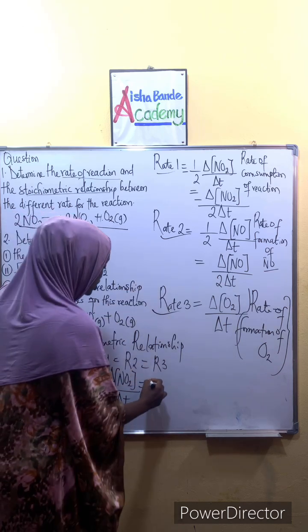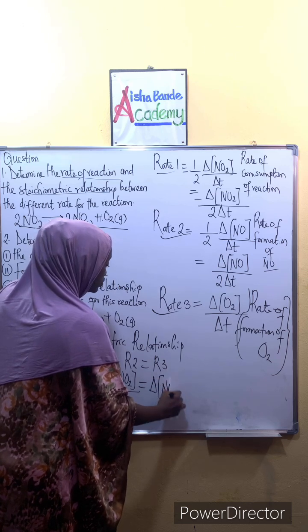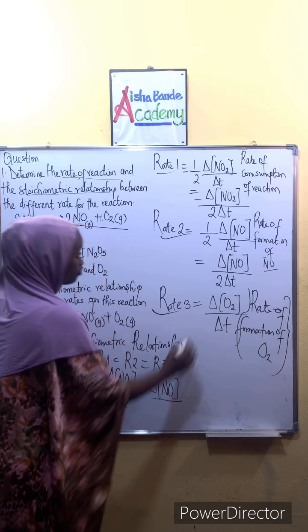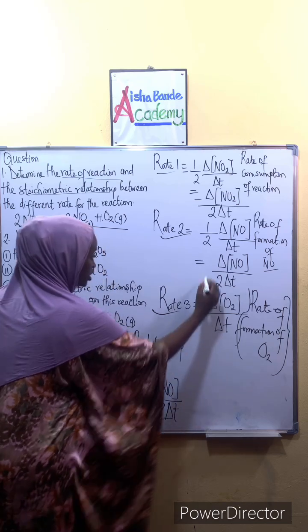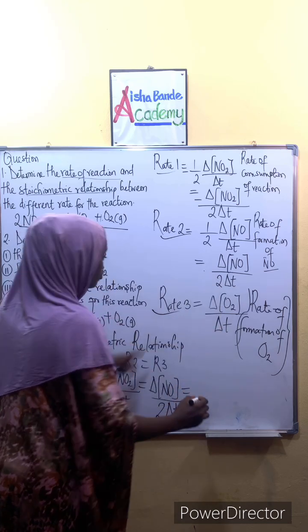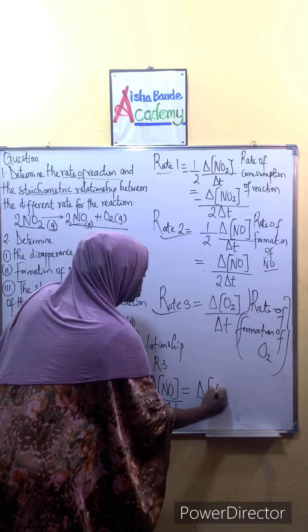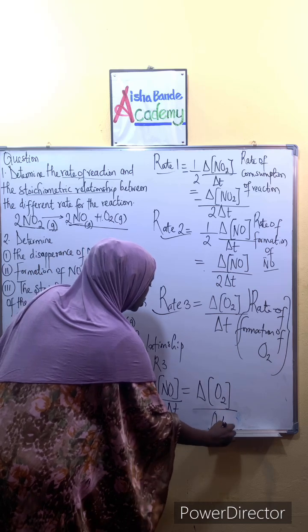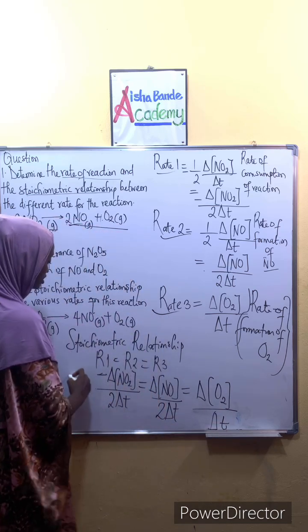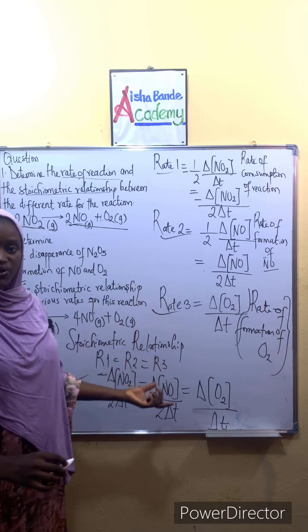The second one is the change in the concentration of the product, which is NO, all over 2 change in time, which is equal to, moving on to the third rate, the change in the concentration of oxygen, O2, which is the product, all over the change in time. Looking at this now, this is the stoichiometric relationship between the three rates.